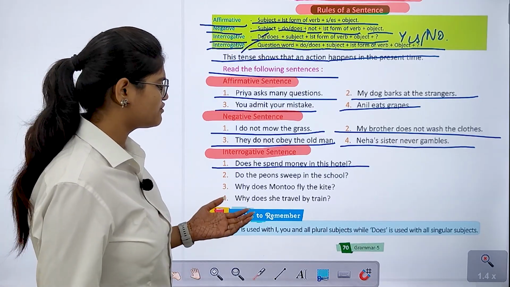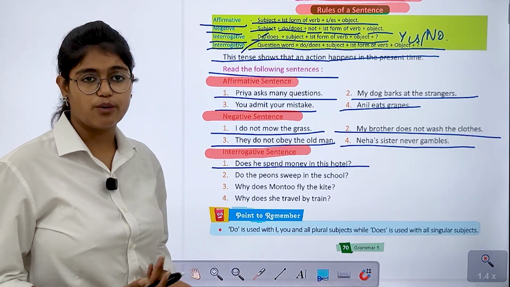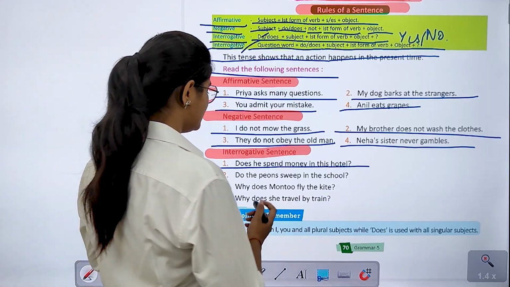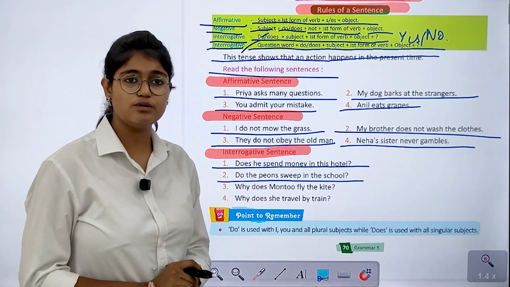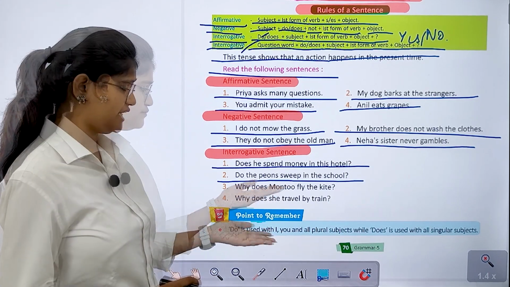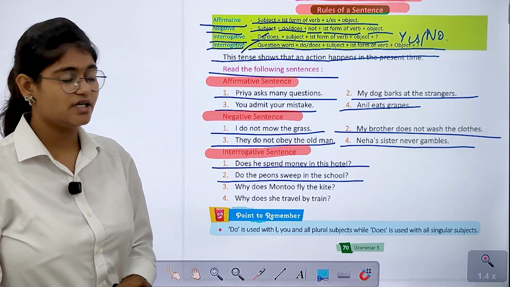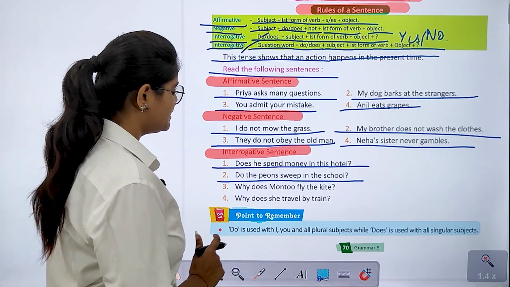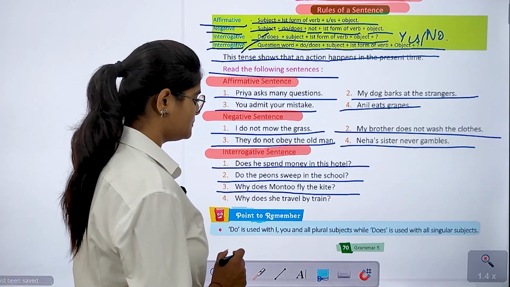Right? So in this question you are only going to write the answer in yes or no, right? After that, the next is, do the peons sweep in the school? Same goes with this example that you are going to write the answer of this question in the yes or no situation, right? After that, the third example is, why does Montu fly the kite?